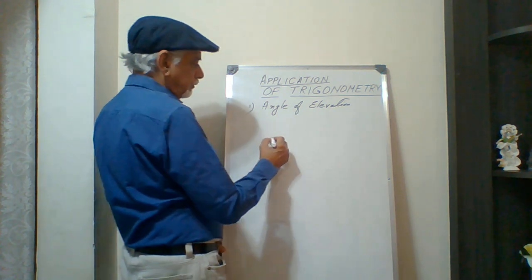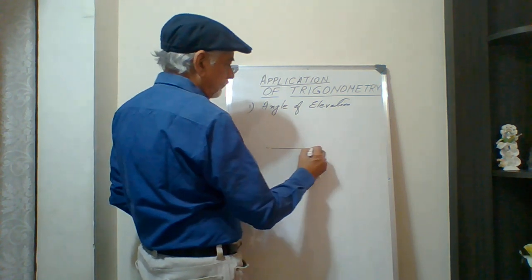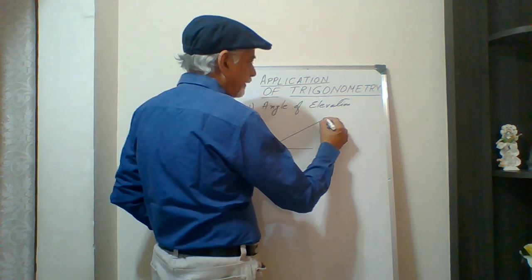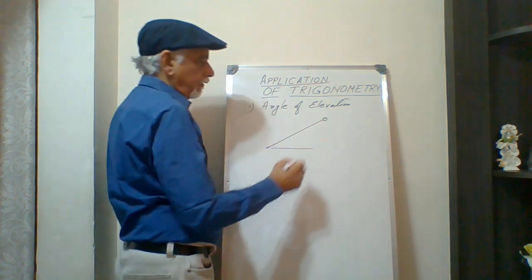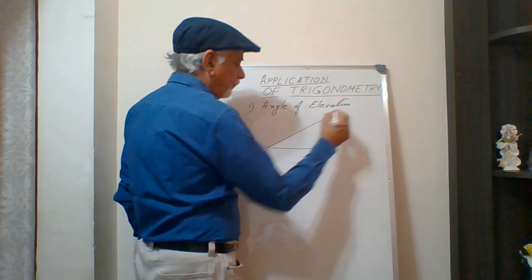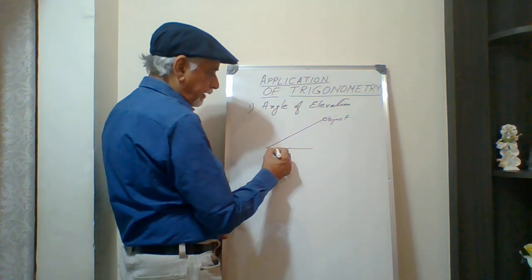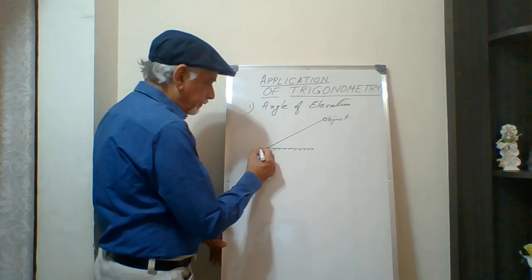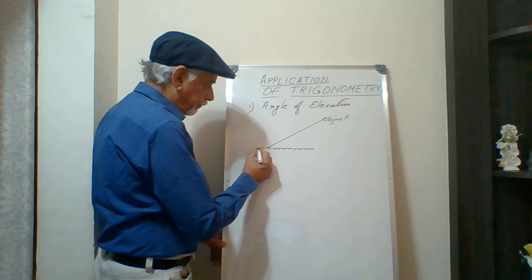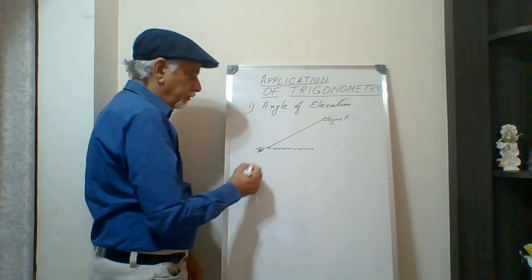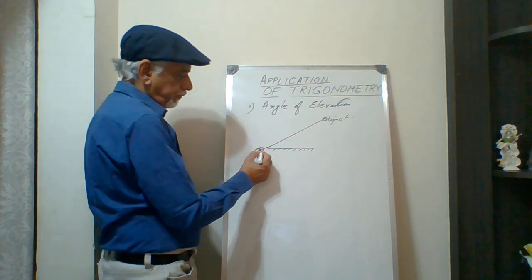If I look from down onto any object here, say this is the object, and this is my ground level, and I am watching from here. This is the eyesight.